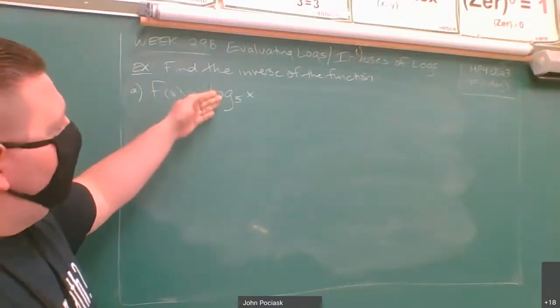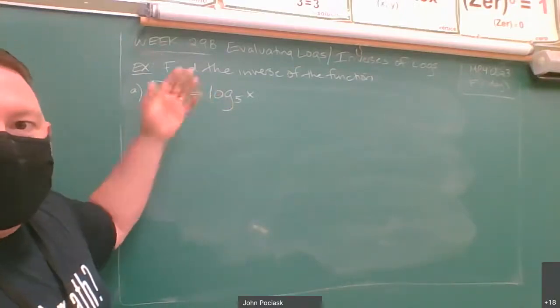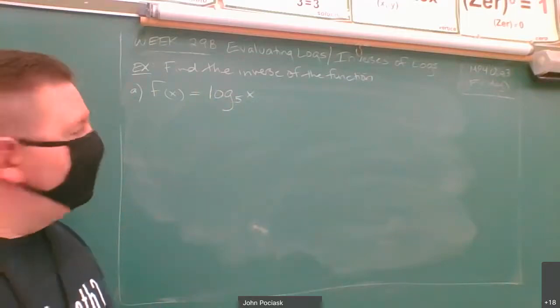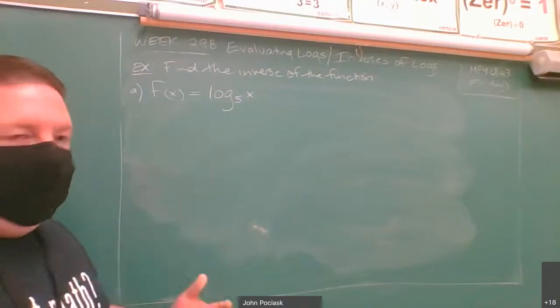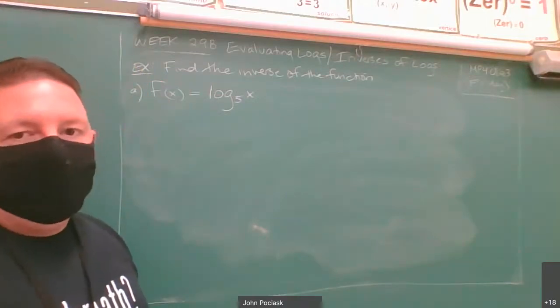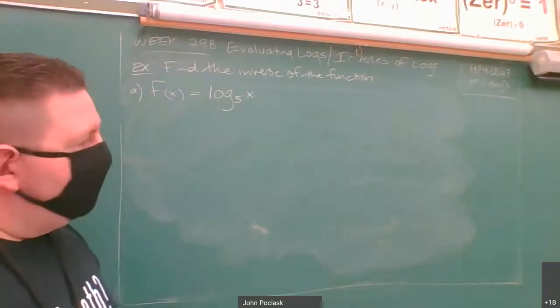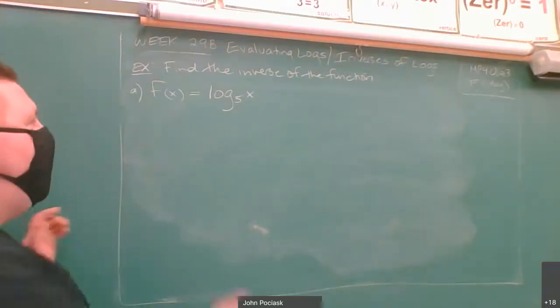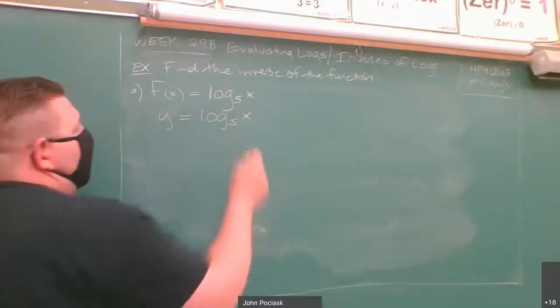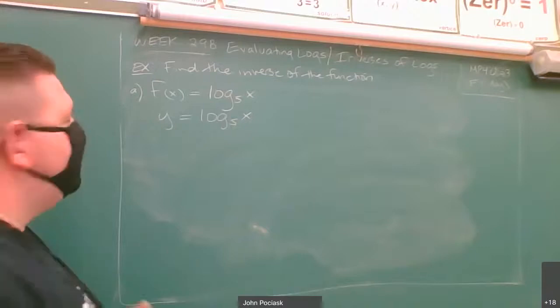I know if I have a log function, then its inverse is the exponential function with the same base, which would be 5 to the x. Now, how do we get there? All the steps that we did on finding inverses back in the beginning of chapter 7. The first step was rewrite it as y equals. Switch x and y.